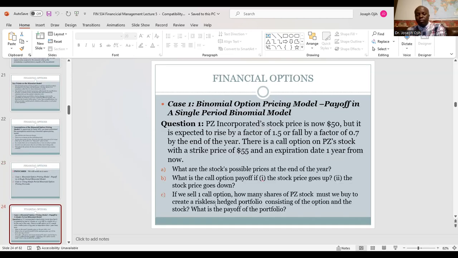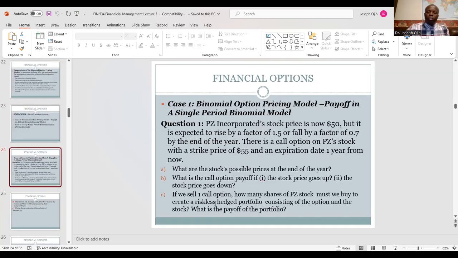Let us start with case one. Look at the question here. It says, PZ Incorporated stock price is now $50, but it is expected to rise by a factor of 1.5 or to fall by a factor of 0.7 by the end of the year.